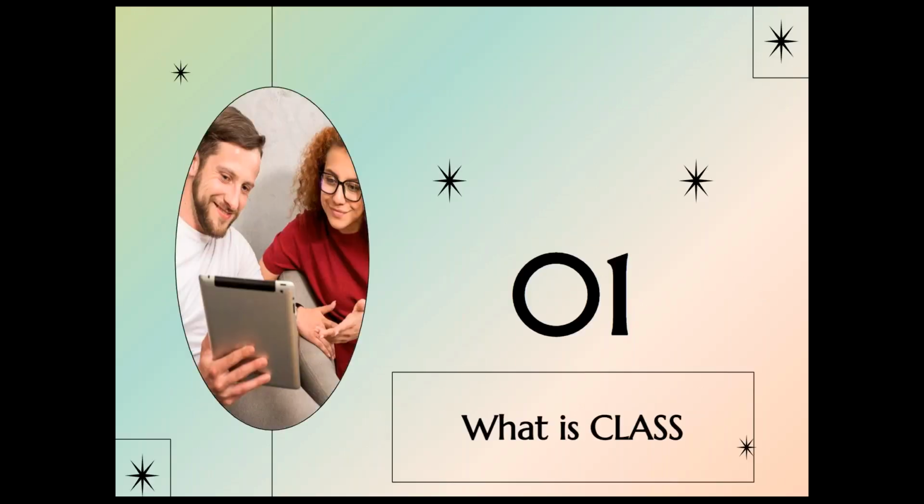So, just in case you haven't heard of these topics before, we do want to have a brief introduction to CLASS. So what is CLASS? Many of you are familiar with it, but it stands for Classroom Assessment Scoring System.